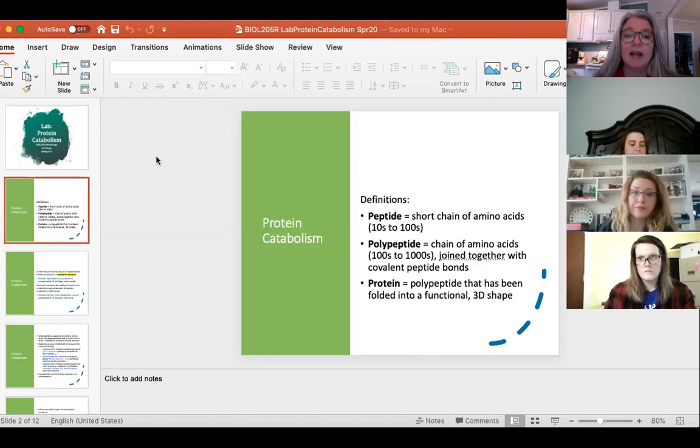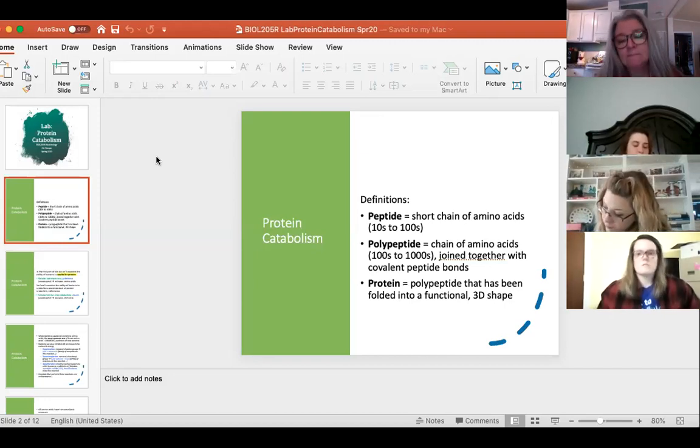You can call that a peptide. So when a textbook talks about a catabolic reaction, creating small peptides from protein, what they mean is the protein is being broken down into smaller chains of amino acids.